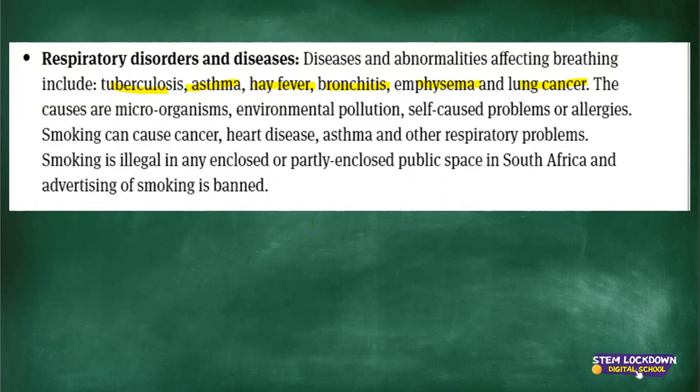But we also learned the main reasons why this is such a pandemic in South Africa. It's one of the number one diseases that kill a lot of people, mainly because of the socio-economic issues surrounding those people. It could be environmental pollution. If you are in an environment which is polluted, then you can be prone to that.